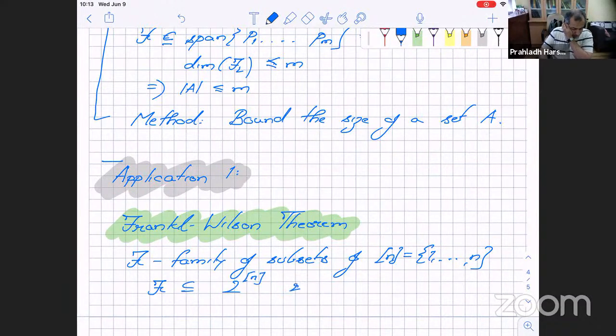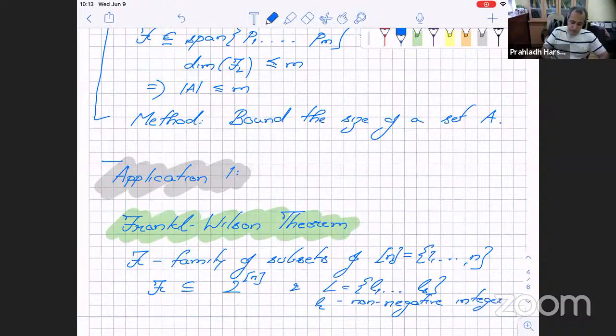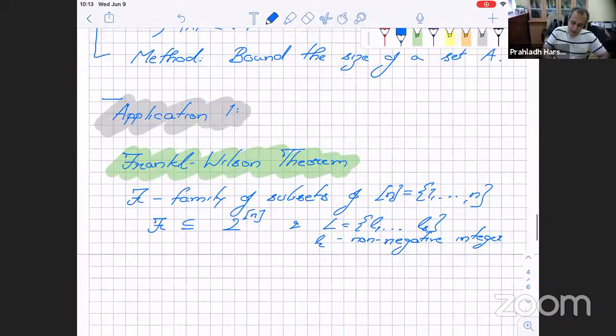And I'm given L, which is some set {l1, l2, ..., ls}, where each li is a non-negative integer. I'm saying that suppose F is L-intersecting.